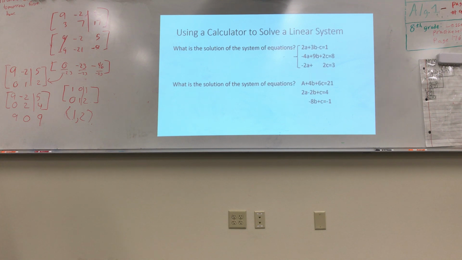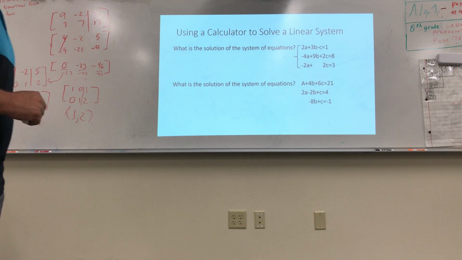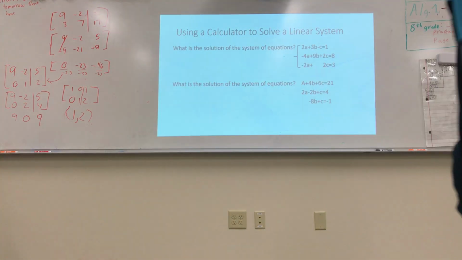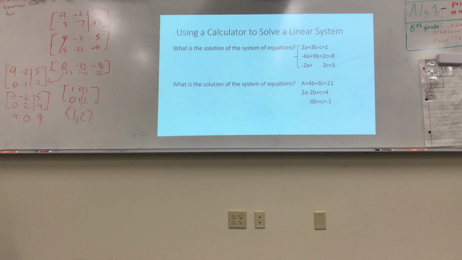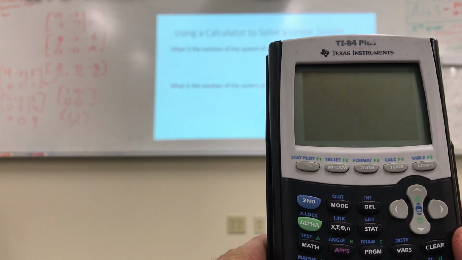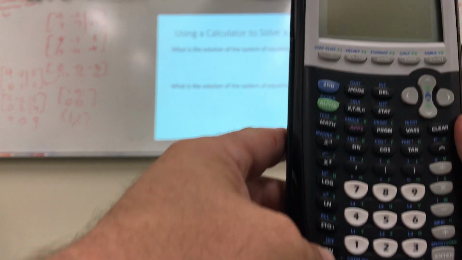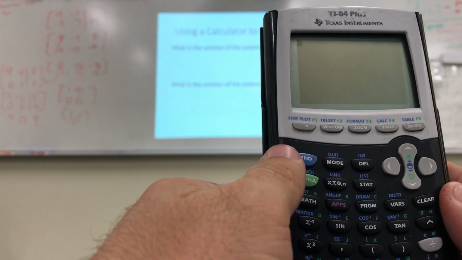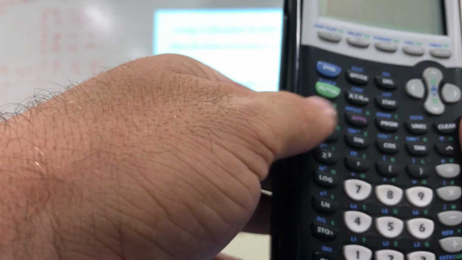Okay, last slide is putting this into your calculator. To do this, there's a couple different ways. This is the way Mr. Rita likes to do it. You would turn on your calculator, so you'd hit the on button. You're going to go second, matrix, which is right here.